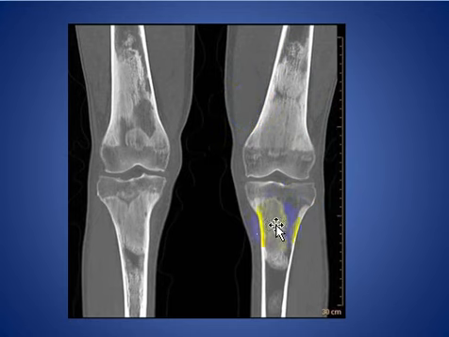If we do a bone scan for this patient, there will be increased uptake of the bone. So this is more or less typical of Erdheim-Chester disease, non-Langerhans histiocytosis.